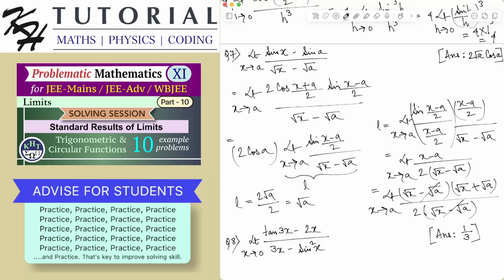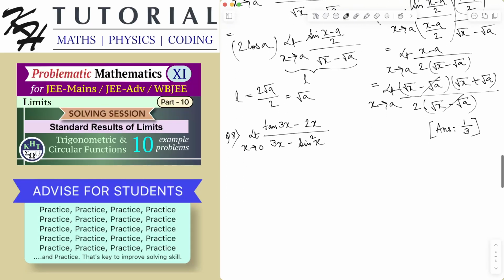So the answer becomes 2 cos a into L, and L is root a. So this is twice root a cos a.